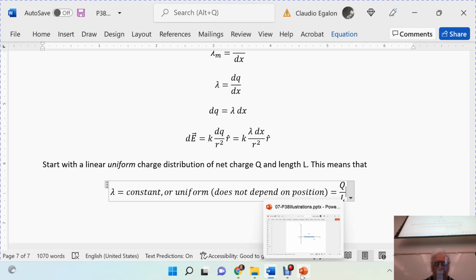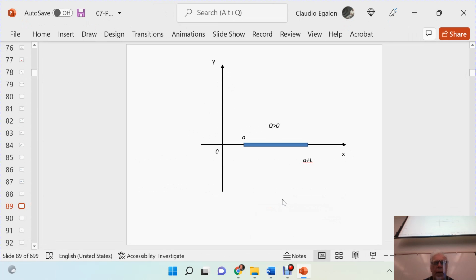So let's take a look at this one here. We have this charge positioned on the left side of the rod. It's a rod positioned at A. It is one dimensional. By one dimensional, what do we mean? We mean that the length of the rod is at least 10 times the diameter of the rod.